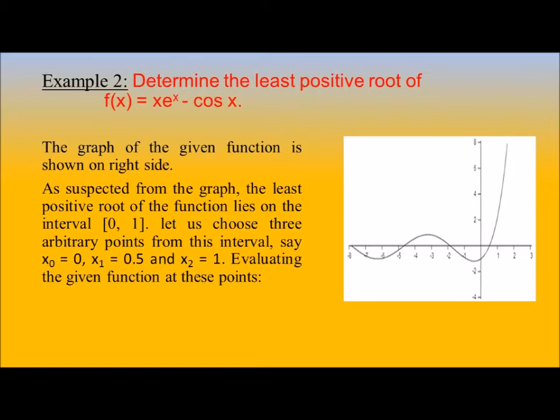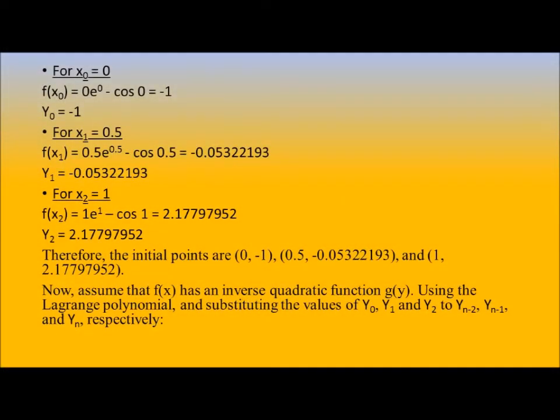After seeing the graph clearly, we can say that the least positive root of the function lies in the interval 0 to 1. Let's choose the three initial values: x0 = 0, x1 = 0.5, and x2 = 1. In the next step, we have to evaluate the function by putting in these initial values. So let's see the next slide.